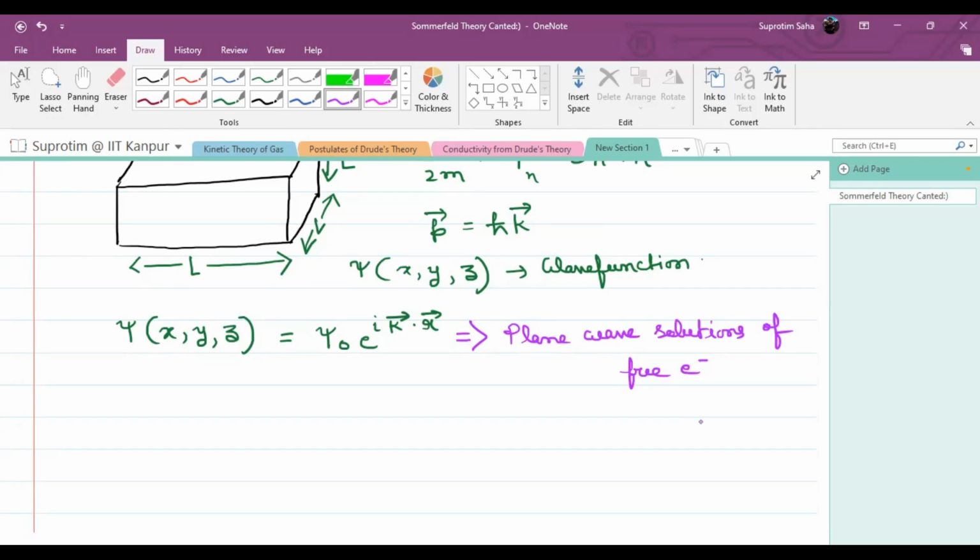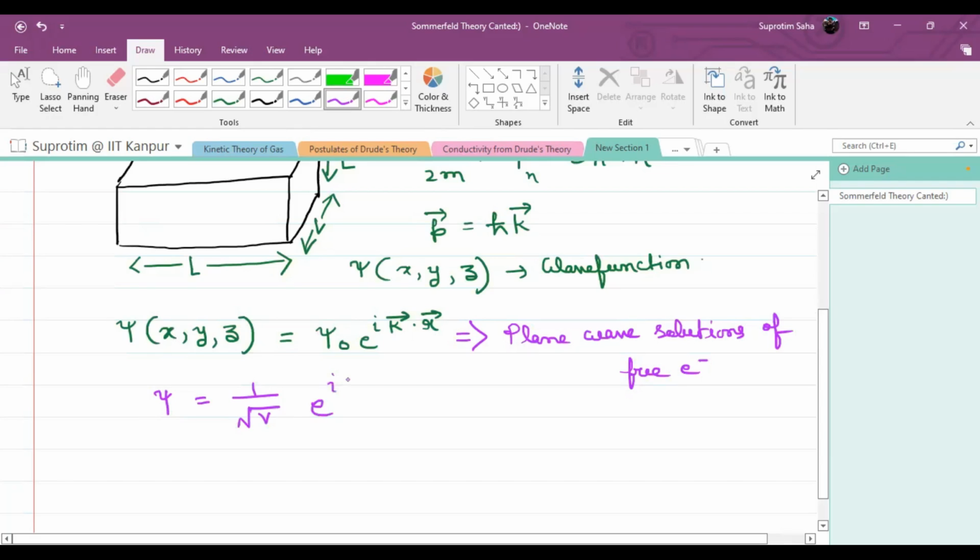Now normalizing this wave function, psi will have the form of 1 over root V, where V is the volume of the box, times e raised to i k vector dot r vector, where r is the position vector.